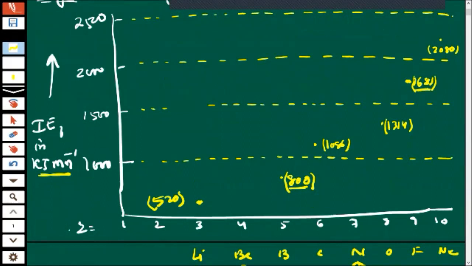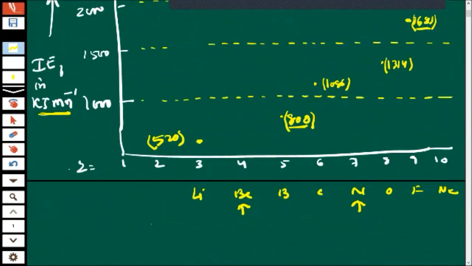they are very stable, so they don't want to lose electron. So see what a graph we are getting as we are moving from left to right. Okay, see very smooth graph we are getting. Means it keeps on increasing.